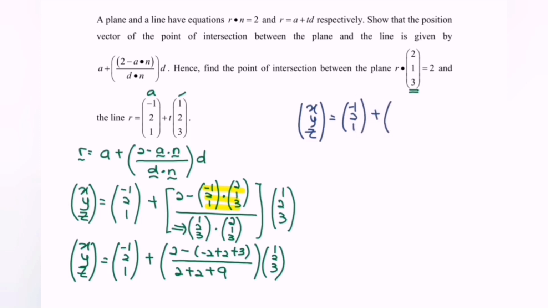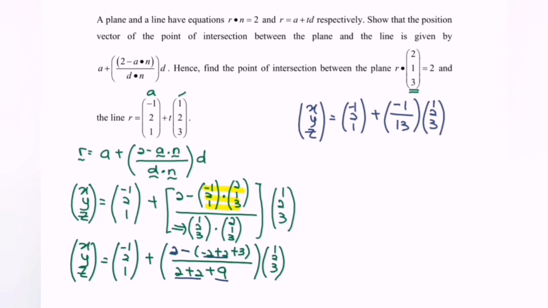Focus on this part: 0 plus 3, so 2 minus 3 gives -1, over 4 plus 9, so we will have 13, multiplied by (1, 2, 3).